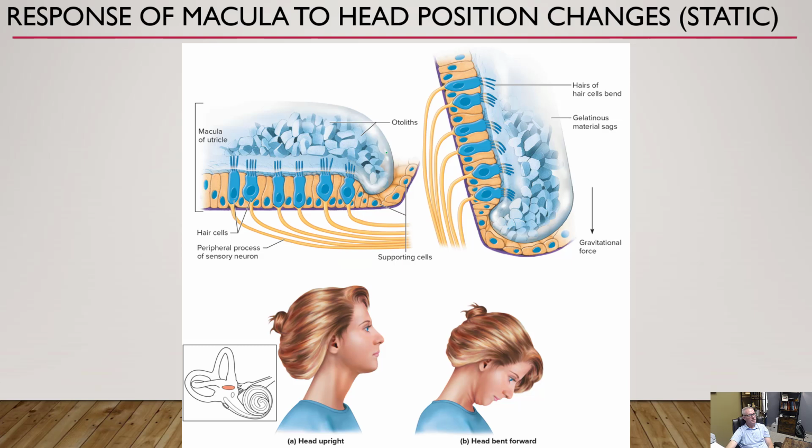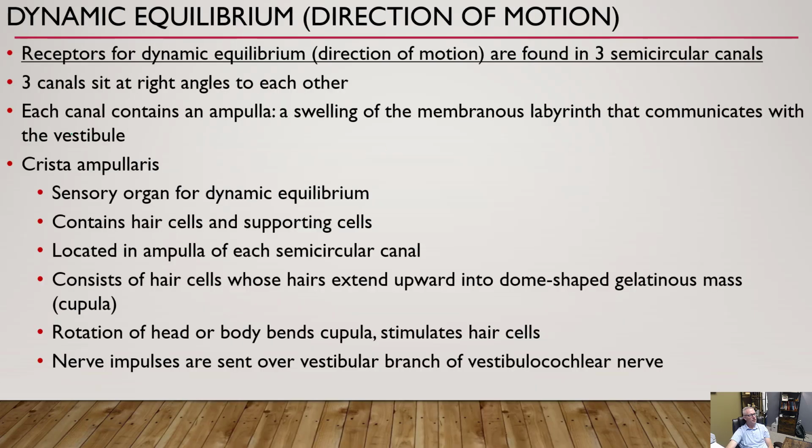So static equilibrium, dynamic equilibrium. So dynamic equilibrium, 3 semicircular canals, and these canals sit at right angles to each other, so that's going to help us with a 3-dimensional world.